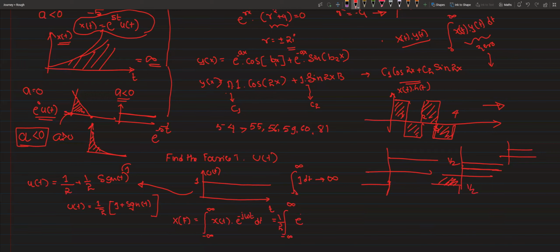e power minus j omega t, 1 into e power minus j omega t, plus integration from minus infinity to plus infinity signum of t into e power minus j omega t dt.